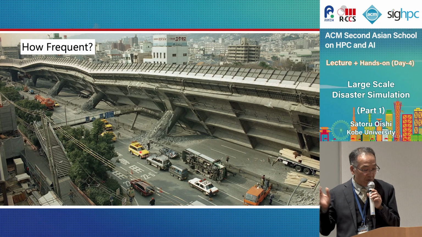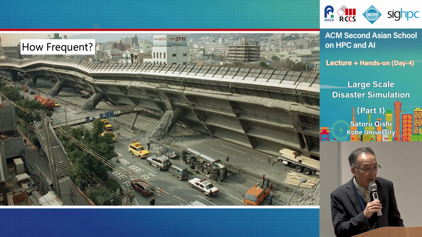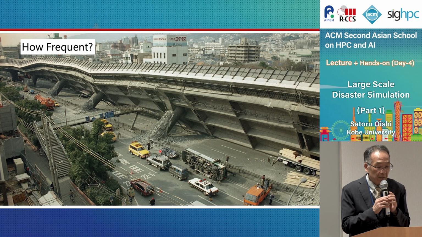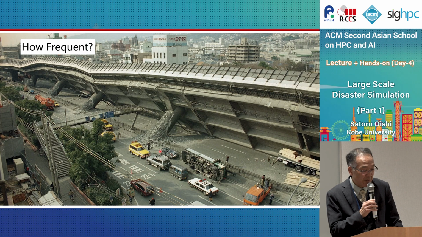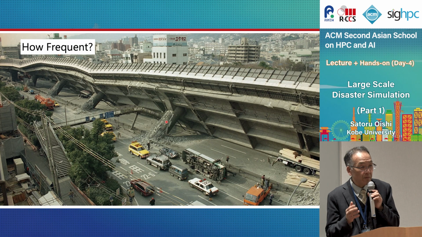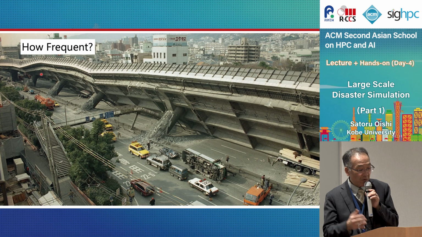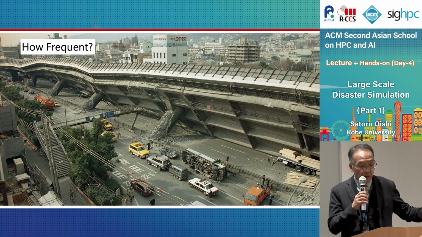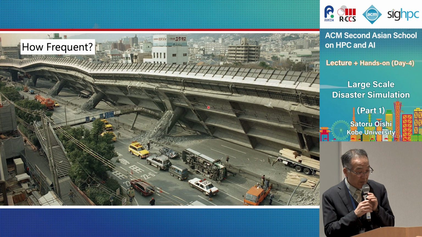This is a photo from 1995 in Kobe, on January 17th, 1995. We had a big earthquake in Kobe, and that earthquake toppled the highway for more than 1 kilometer.